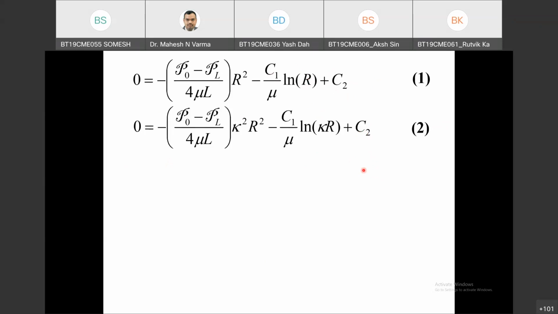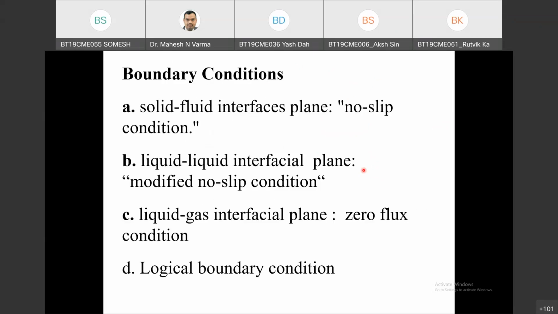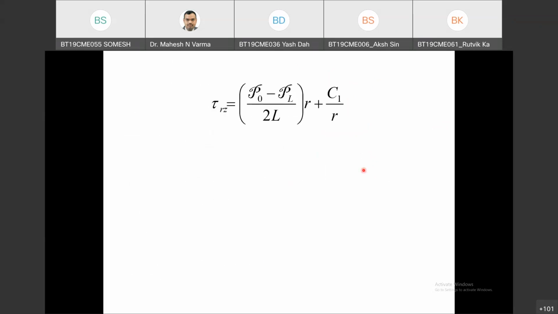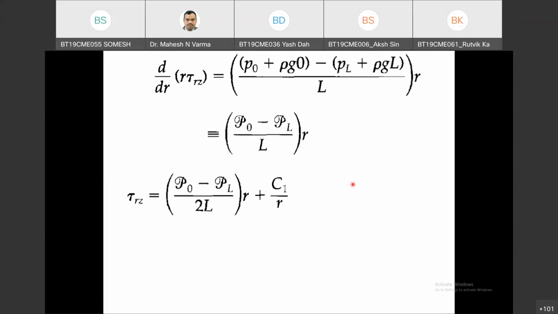And what is another way? Another way to solve this problem is to assume some value of lambda between kappa and 1, some value of lambda r where velocity is maximum. At r equals lambda r velocity is maximum, which means that at r equals lambda r, tau rz equals 0.